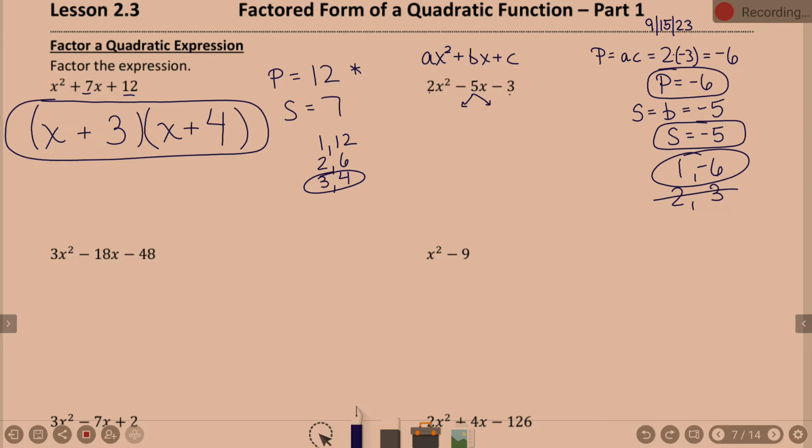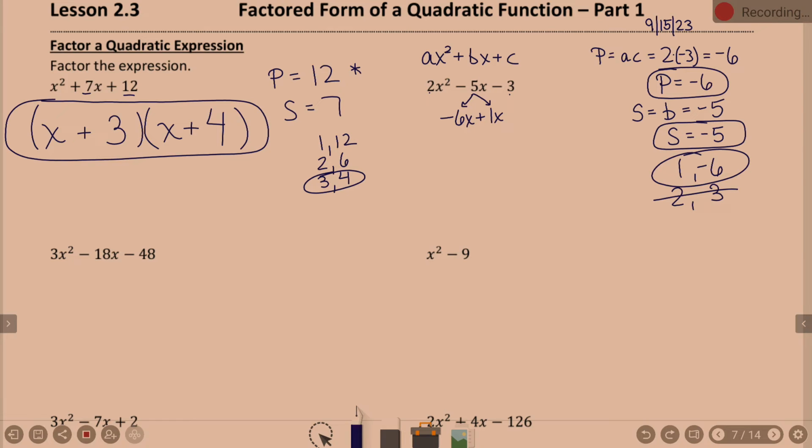You guys have a preference? Negative 6 first? Yep. So what I did is I took that middle term, I'm splitting it using the factors of 1 and negative 6, and I put x's on them.